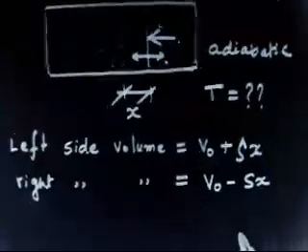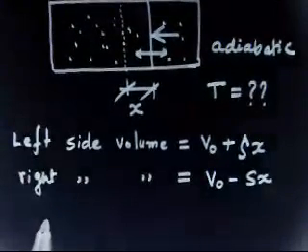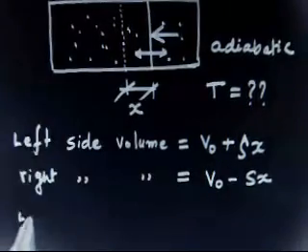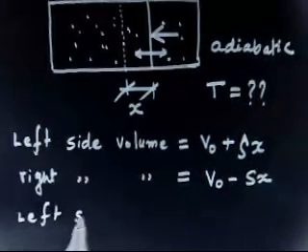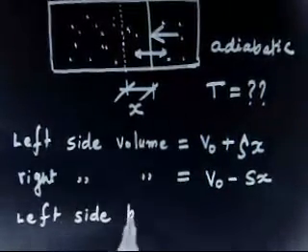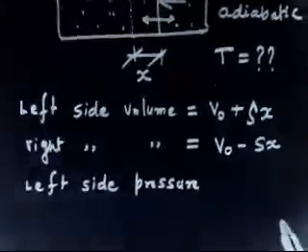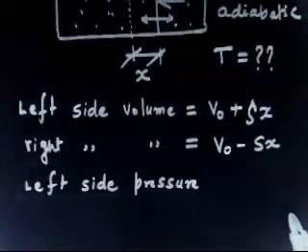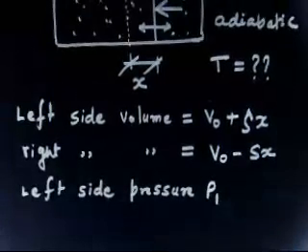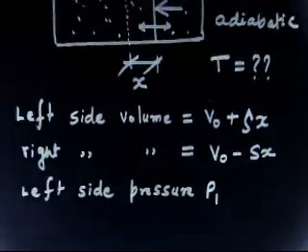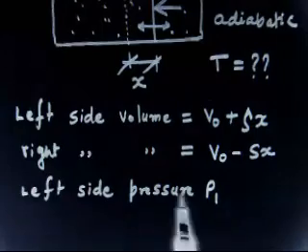Now I can find the left side pressure using PV to the power gamma equals constant. Let us call the left side pressure P1.